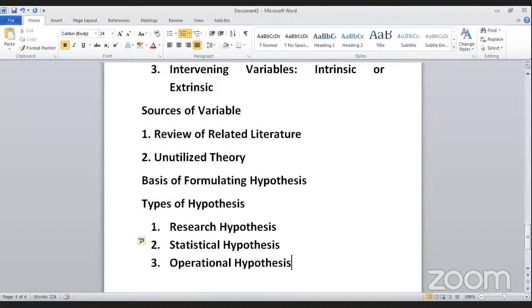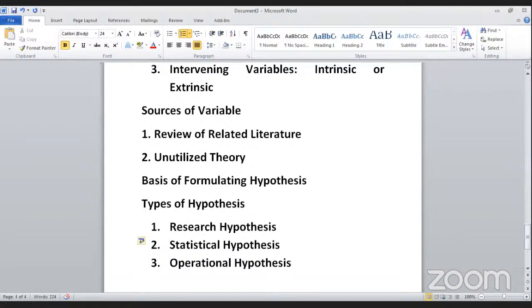But statistical hypothesis and operational hypothesis can be tested directly, because operational hypothesis is a little extension of statistical hypothesis. I will give you an example right now. Don't bother about it. It's very easy. It's not difficult. So these are the types of hypothesis.